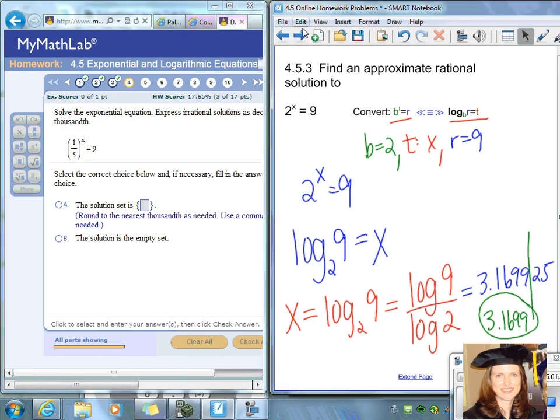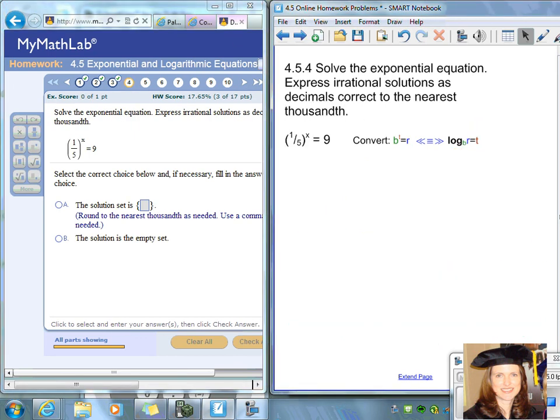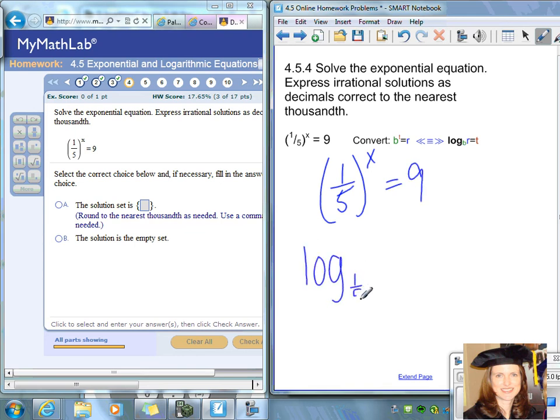Okay, let's look at question number 4. We're solving this equation by converting to logarithmic form. 1/5 to the x power equals 9 can be written as log base 1/5 of 9 equals x, using that conversion equation.